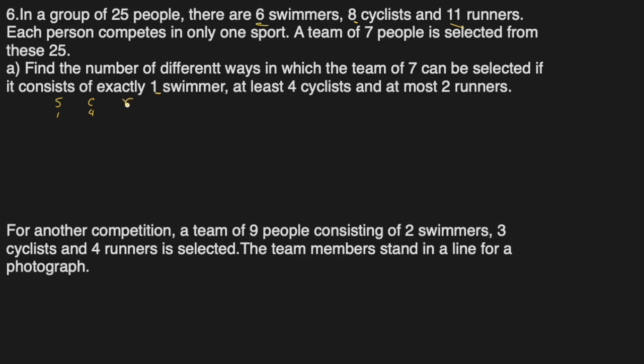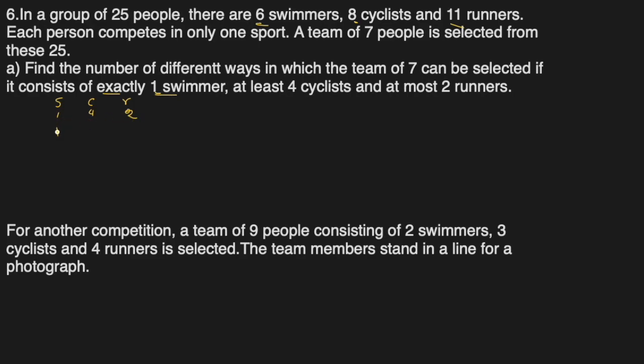So runners, let's make it 0. Okay, is it becoming 7? No. That means we have to change it. We can't change swimmers because it is exactly one swimmer, right? We can't change it. That means I'll have to write 2 runners here. Now it becomes 7, right?